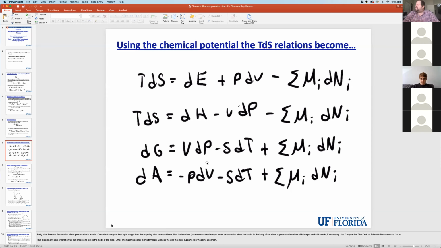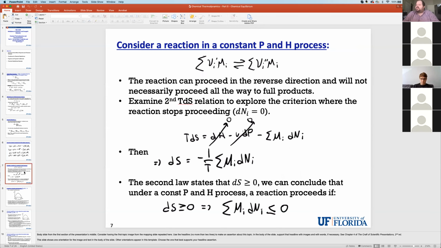But basically, what does this mean? Let's consider a chemical reaction in a constant pressure and constant enthalpy process. The overall chemical reaction is the same generic one that we've been talking about since day one, where the sum of nu i prime Mi goes forwards and backwards to the sum of nu i double prime Mi. Now this reaction can go forwards and it can go backwards.